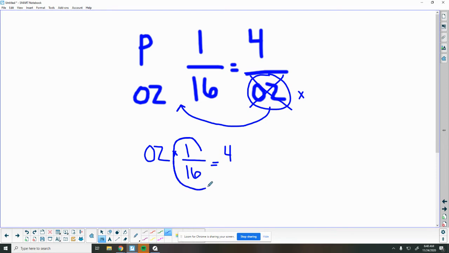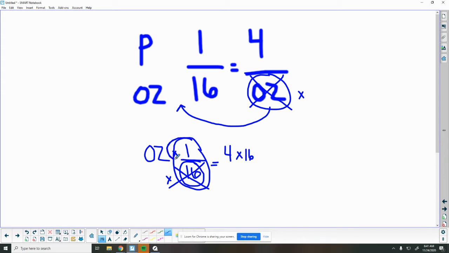Now I need to move all of this to the other side, but I can only do one thing at a time. The opposite of divide by 16 is to times by 16. That cancels that out, but I have to do it to the other side too. So now I'm left with ounces times 1 equals 4 times 16.